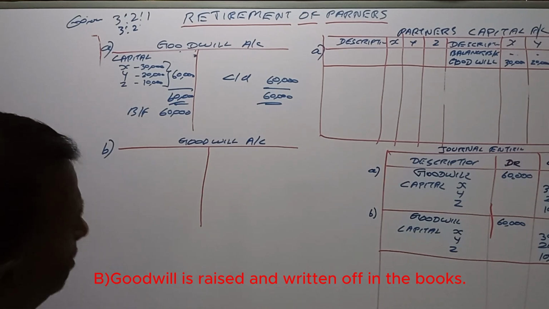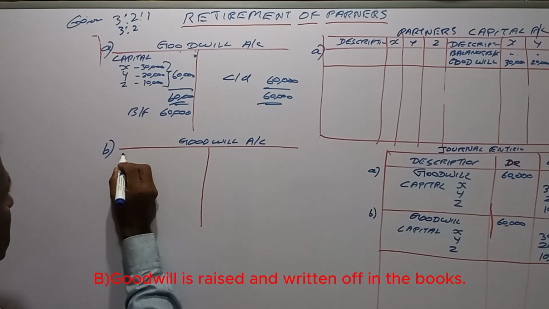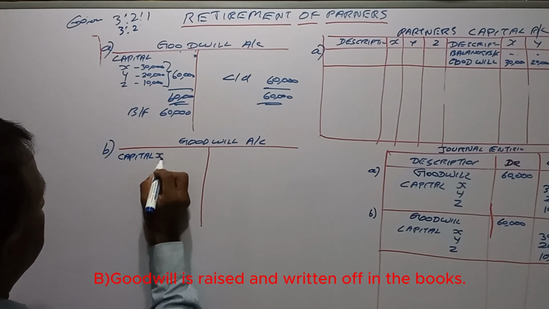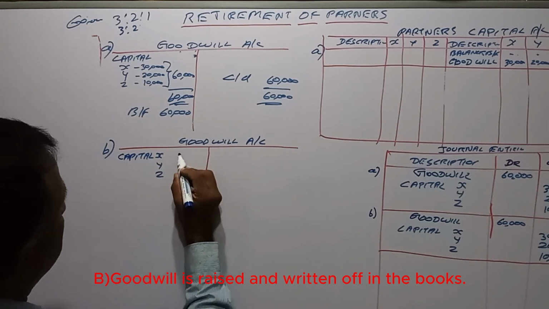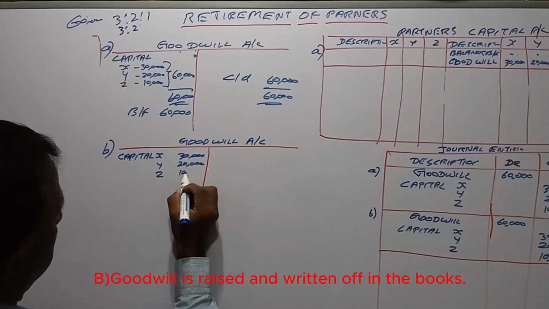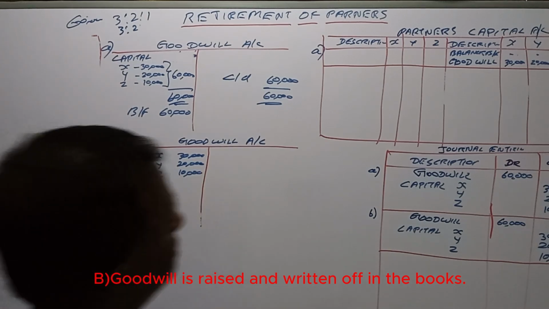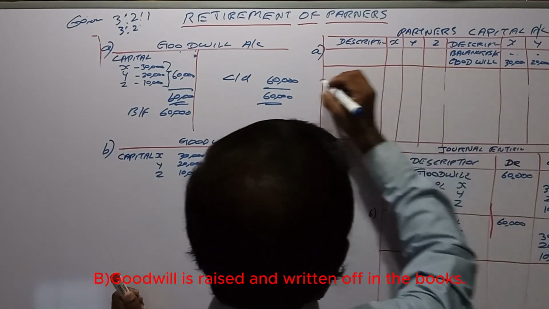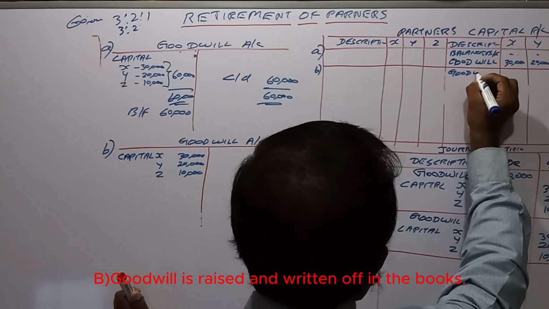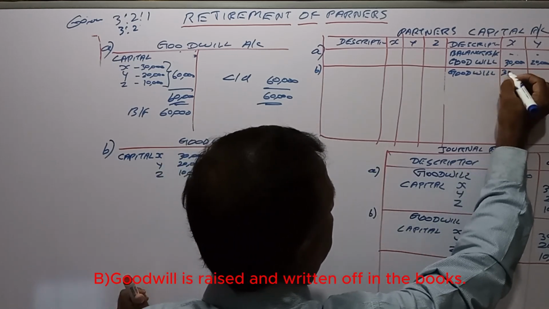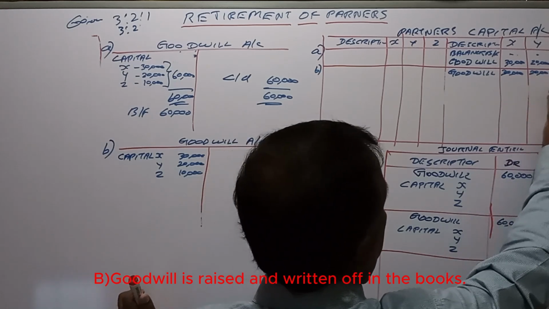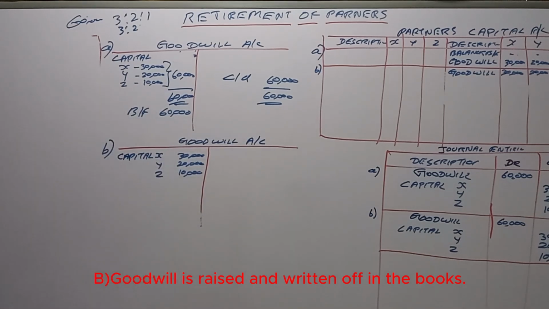Goodwill account debit, that is capital account X, Y, Z, that is 30,000, 20,000 and 10,000, right? We will say B, creating goodwill, 30,000, 20,000, 10,000, right? Created the goodwill.